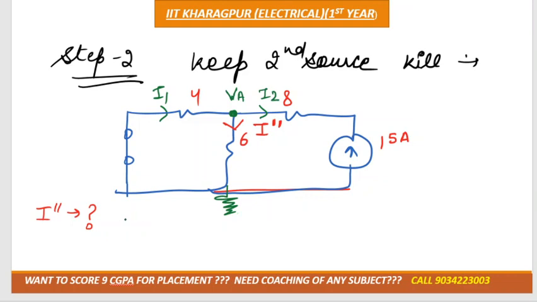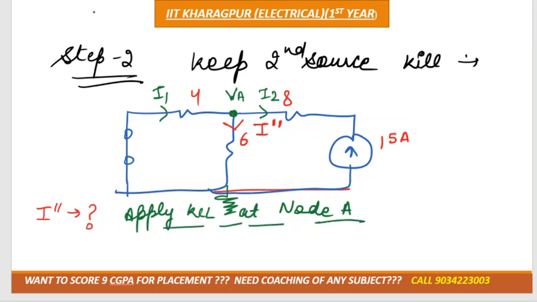If I apply nodal analysis, then what would be the equation of current? Tell me. I1 would be how much? Minus VA by 4, because current is moving from 0. I double dash would be, it is moving from VA to 0, so that would be VA minus 0 divided by 6.